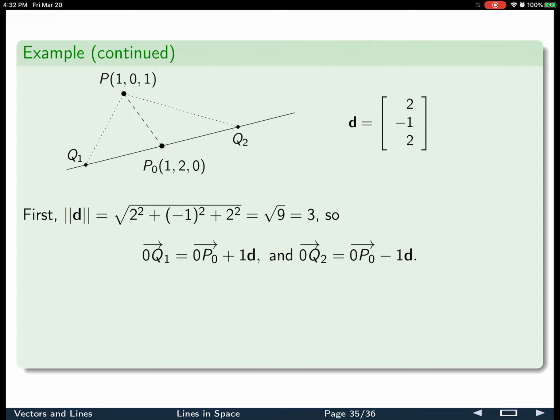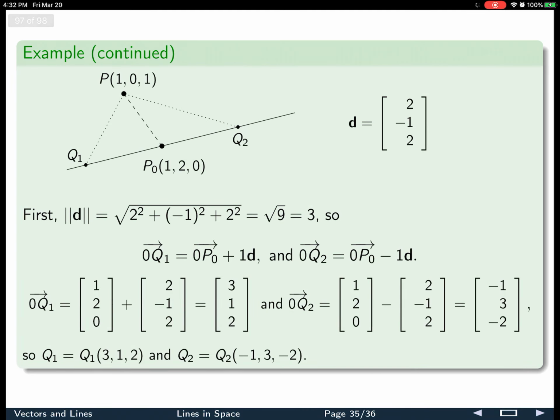And very thankfully, the direction vector v actually has magnitude 3. And so literally all we have to do is add our point P0 to d, and then take our point P0 and subtract d from it to get Q2. And it's really just as simple as that to get those.